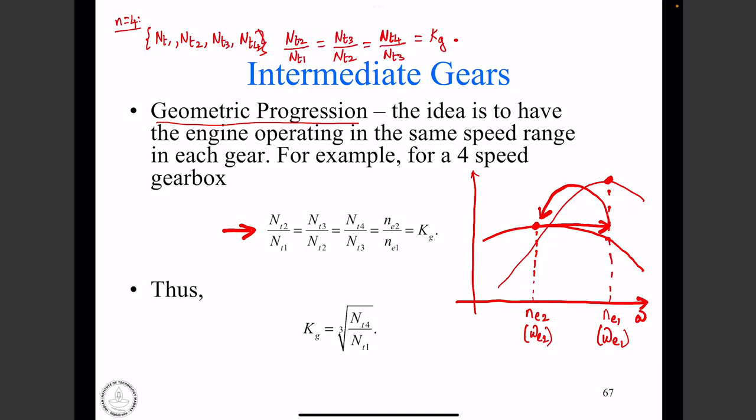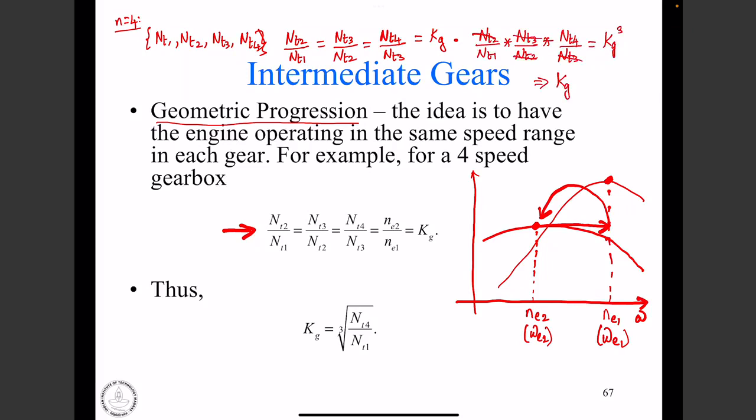Now, if we multiply these three ratios, let's say we multiply NT2 by NT1, and then NT3 by NT2, and then NT4 by NT3, we are going to get kg cube, because each factor is k subscript g. But then NT2 and NT2 will get cancelled, NT3 and NT3 will get cancelled.